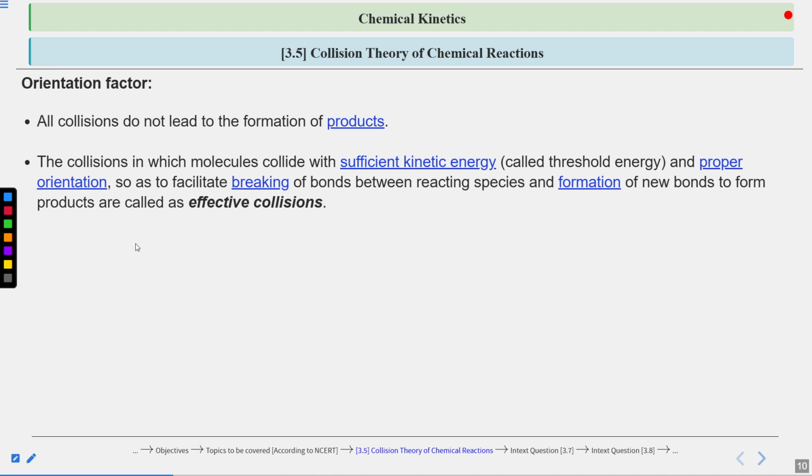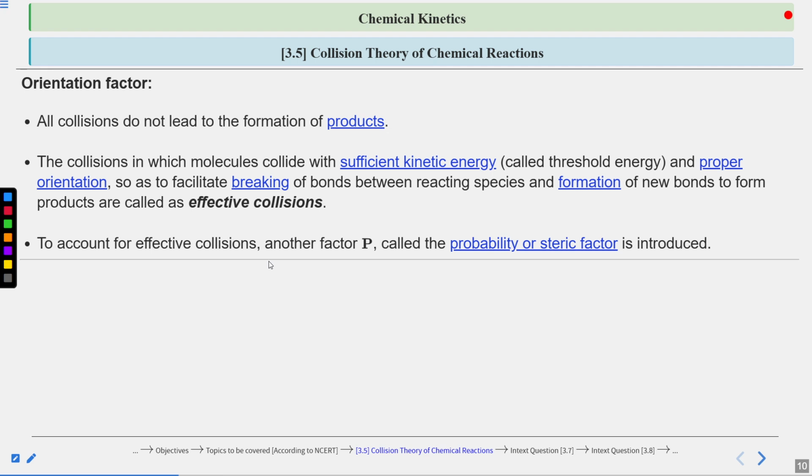If a bond is breaking or forming between the reacting species, that is going to be facilitated by these two factors: the colliding molecules should have sufficient kinetic energy and the proper orientation. Those collisions in which all these conditions are satisfied are known as effective collisions.